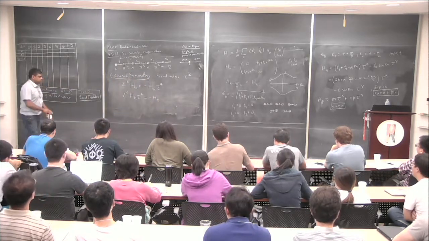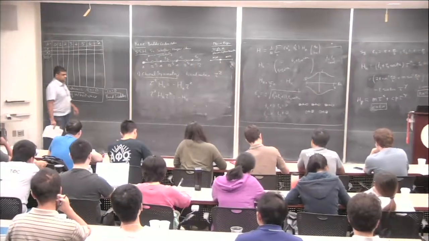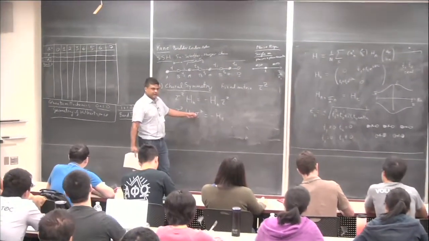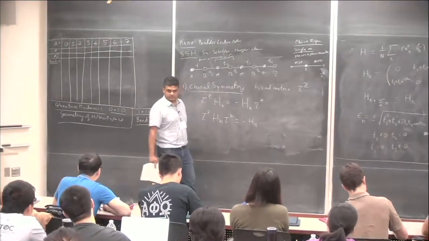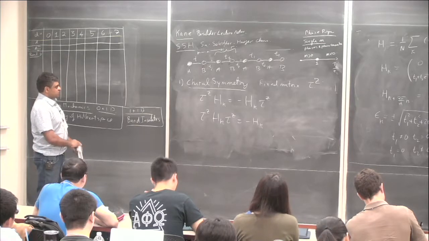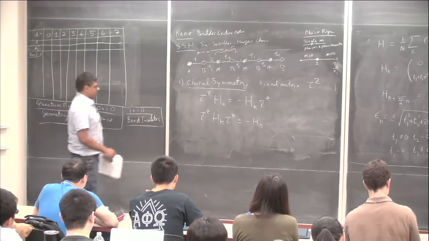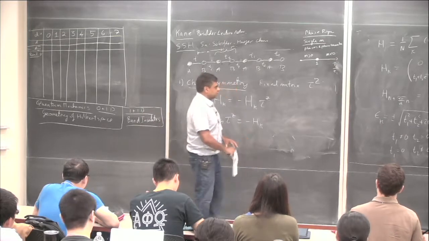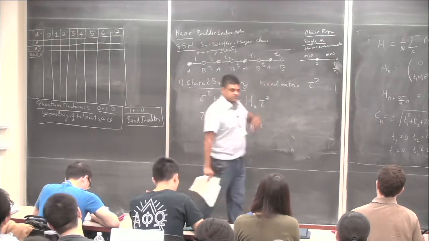So this guarantees for you that the energy spectrum is E to minus E symmetric. If I have a state with energy E, I can act with the operator tau z. It'll give me a state with energy minus E. So this is going to be called chiral symmetry, and it's one of the symmetries that turns out to guarantee that you cannot add another mass.